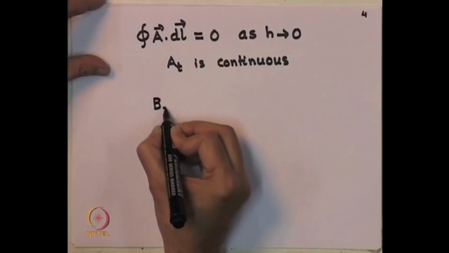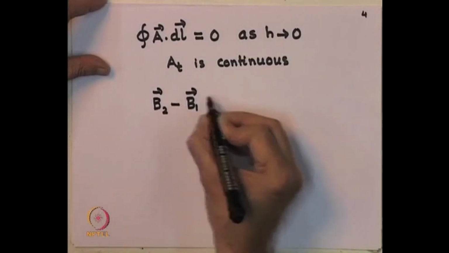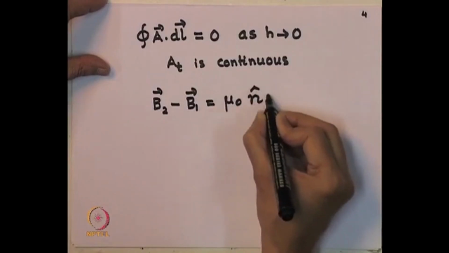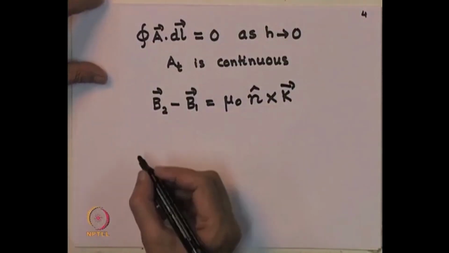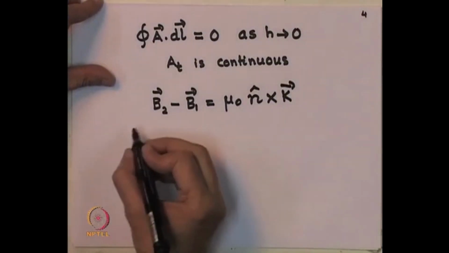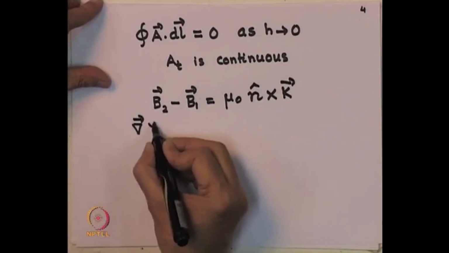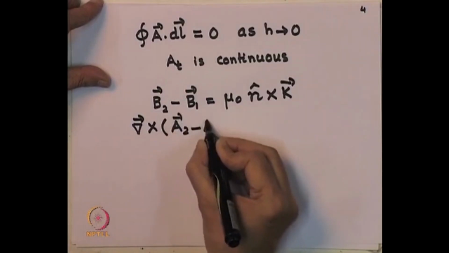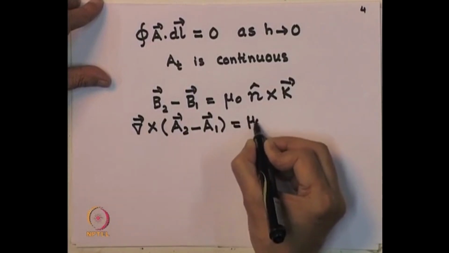We had seen that B2 minus B1 can be written as equal to mu 0 n cross K. This is what we had just now proved. And now we write B2 and B1 in terms of the curl of the vector potential. So, this is curl of (A2 minus A1), equal to mu 0 n cross K.